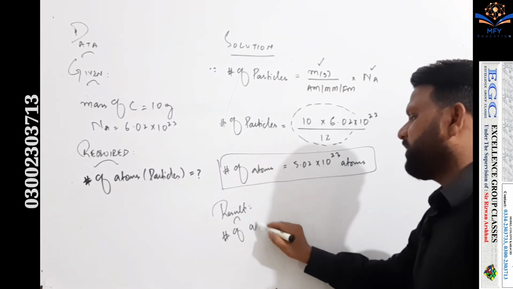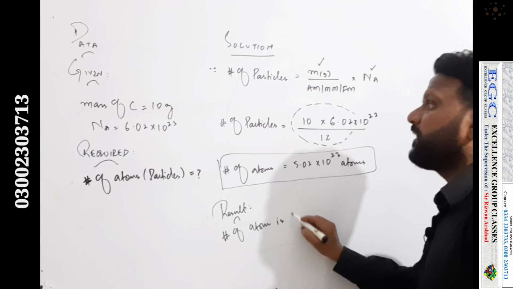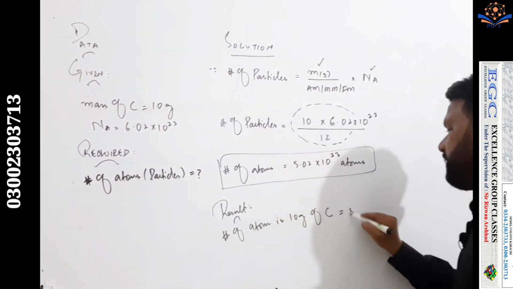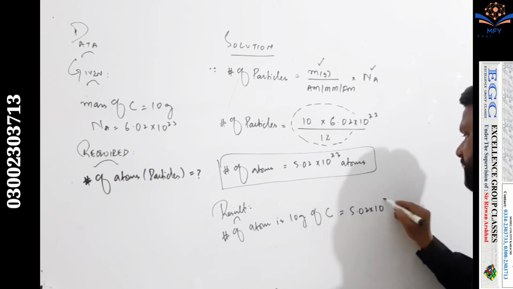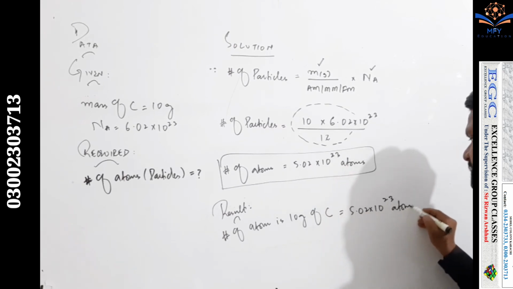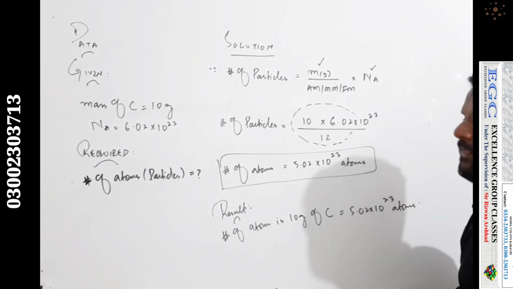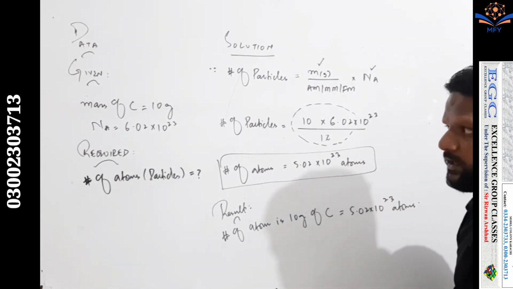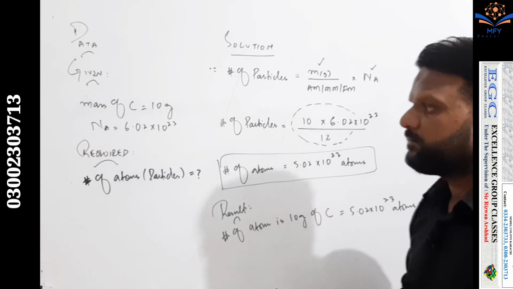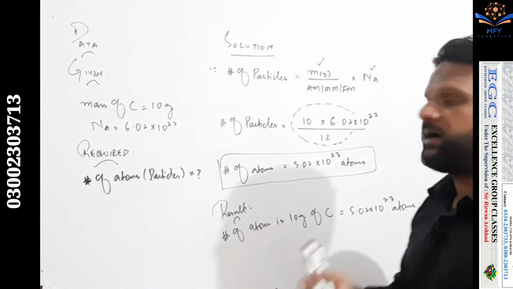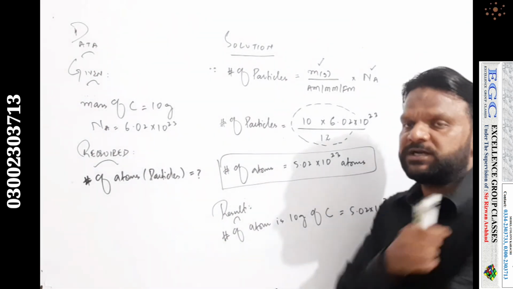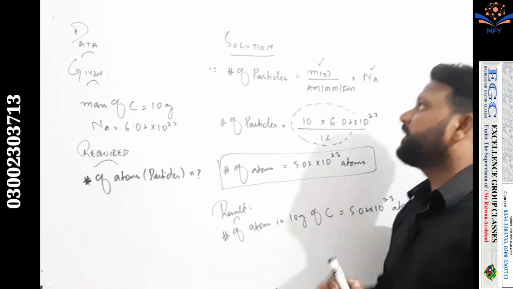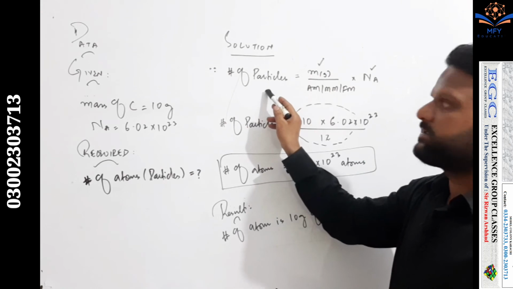Number of atoms in 10 grams of carbon will be 5.02 exponent 23 atoms, and here is the result. Hope you understand this numerical. By given mass of a single atom, you can easily calculate the number of particles, meaning number of atoms, by using the relationship between mass and particles.